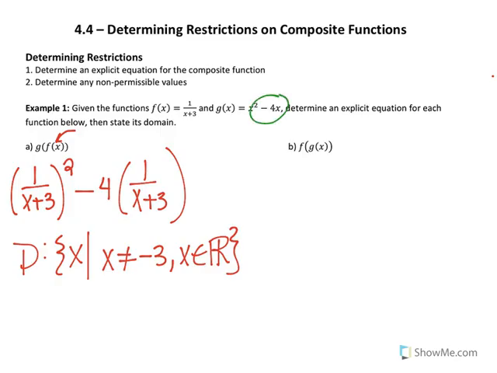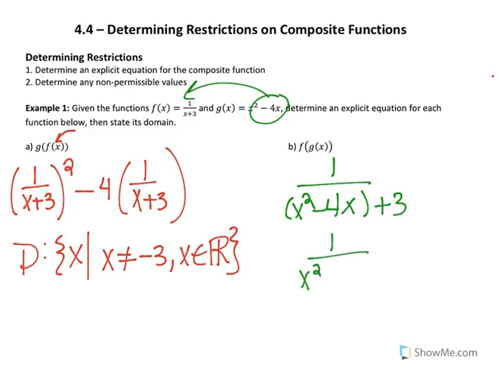Okay, let's do f of g of x. So I'm going to plug g into that. So I'm going to go 1 over x squared minus 4x plus 3. And now let's just write that without the brackets because that looks awful. Now I'm going to factor, so two numbers that add up to make negative 4 and multiply to get 3.